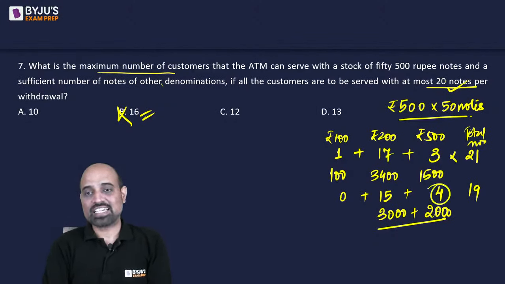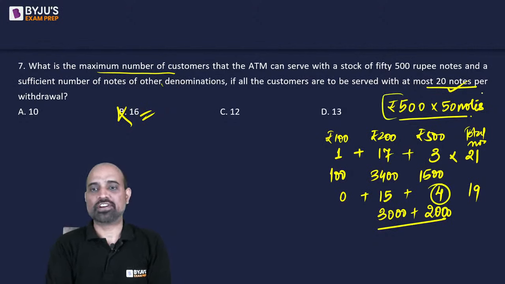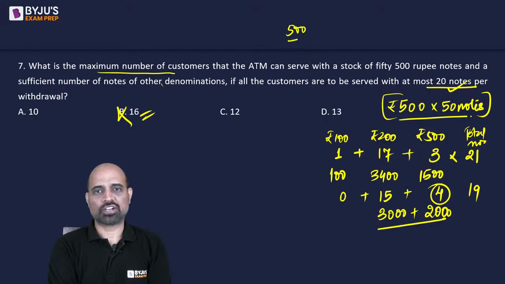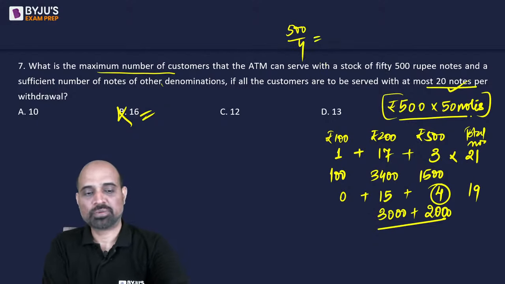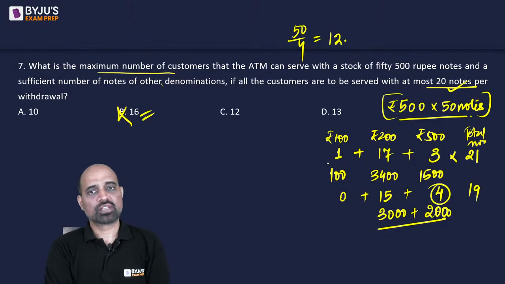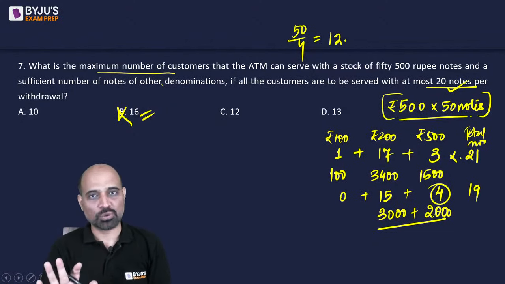So if I start giving 4 notes of 500, how many people will it go to? 50 by 4, which is going to be 12 people. So 48 notes out of 50 notes will be dispersed. 2 notes are still left, but with 3 notes the total number of notes is already more than 20, so with 2 it will be even more, right?